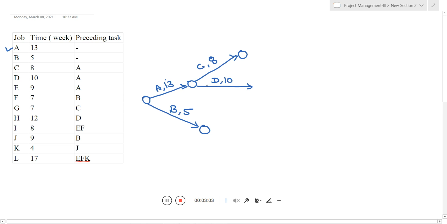Because A is the preceding relationship for D, A must be complete, then you start D. Now if I talk about activity E, the preceding relationship is A. Think logically, the starting point of activity E is this particular point of activity A, so you can draw here, no issue. This is the activity E, and the time duration is 9. So according to what is mentioned here, you draw the activity E.